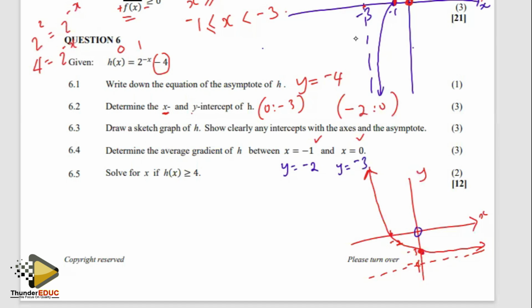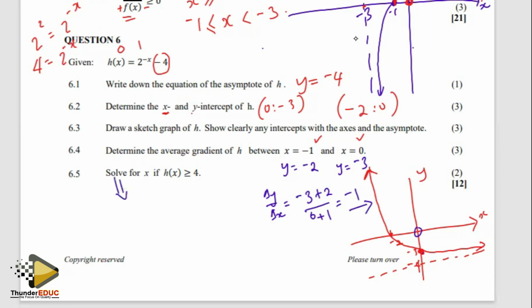Okay, then we can just use the gradient formula. Remember, we said change in y over change in x. So -3 minus minus 2, which is a +2, over 0 minus minus 1, which is a +1. So this becomes -1. So the gradient is -1.